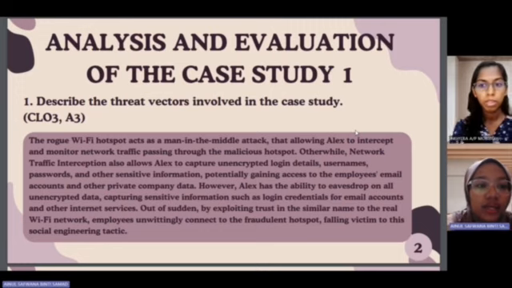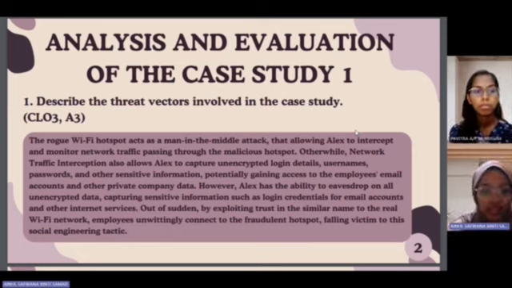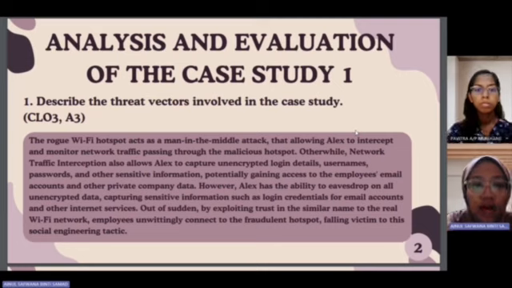Based on case study 1, the rogue Wi-Fi hotspot acts as a man-in-the-middle attack that allows interception and monitoring of network traffic passing through the malicious hotspot. Network traffic interception also allows attackers to capture unencrypted login details, usernames, passwords, and other private company data.